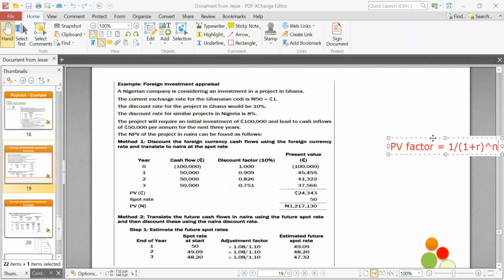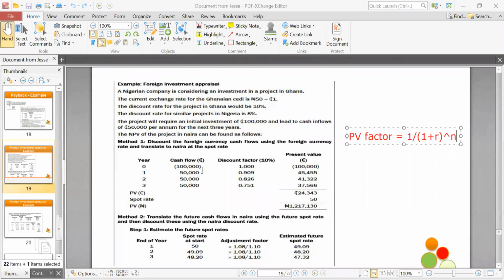This is the formula. So what is the r? R is the interest rate, which is 10%. N is the year. I hope this is clear.